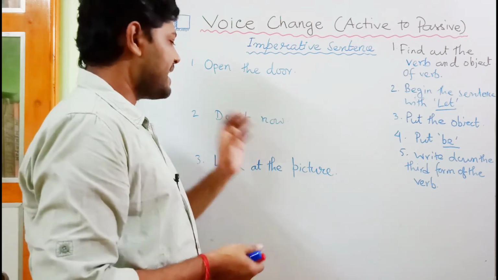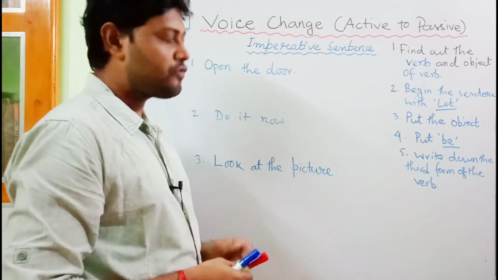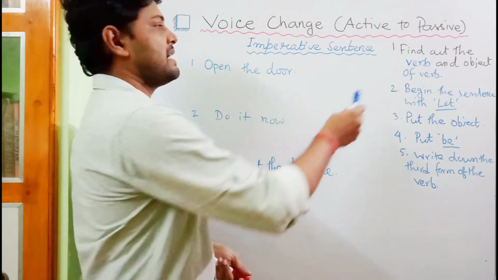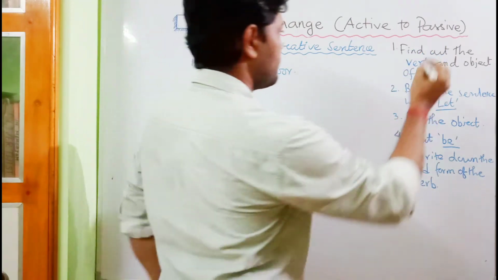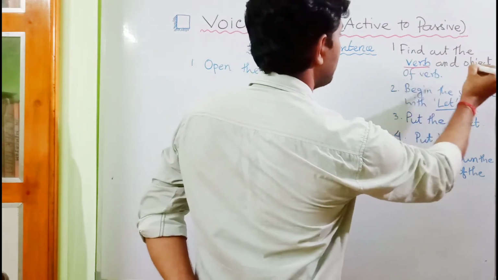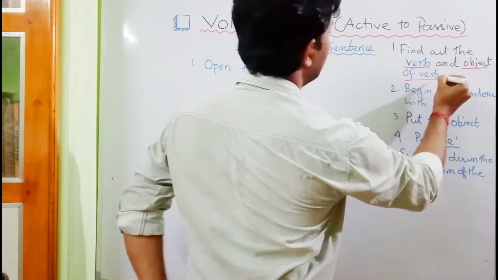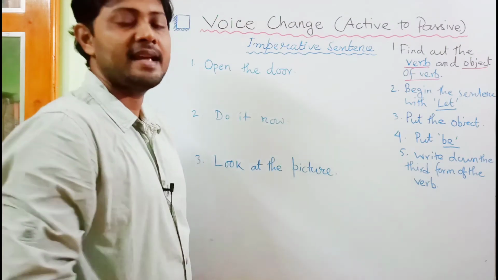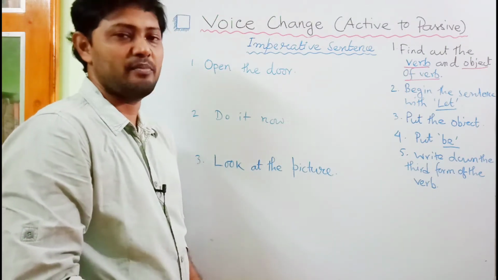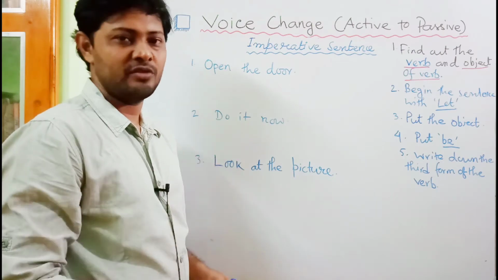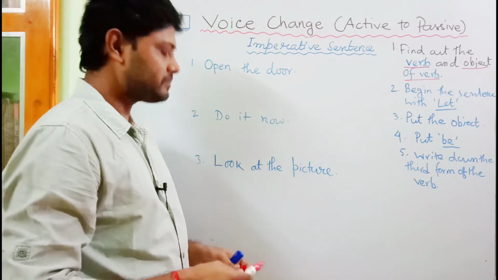So here, we have to find out the verb and the object of the verb. That means there is no need to search for the subject of the sentence. So this is the first difference.